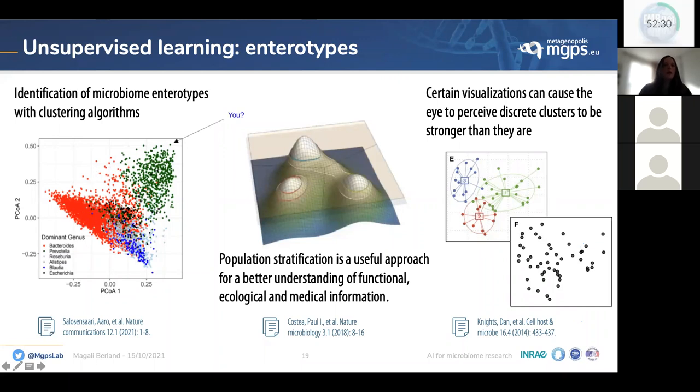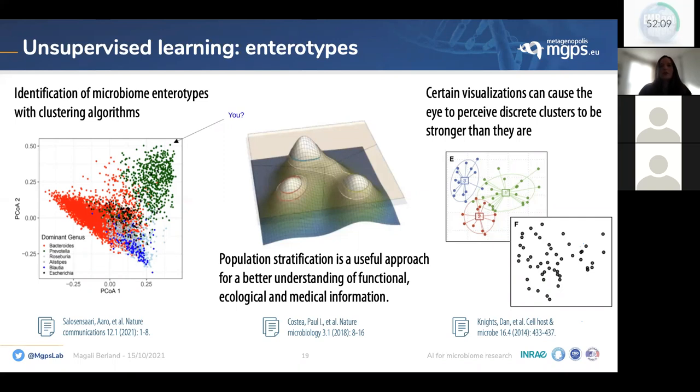When you have such a stratification, you may wonder where you are located compared to the other individuals. Different methods exist for dividing up the landscape of possible microbiome configurations.